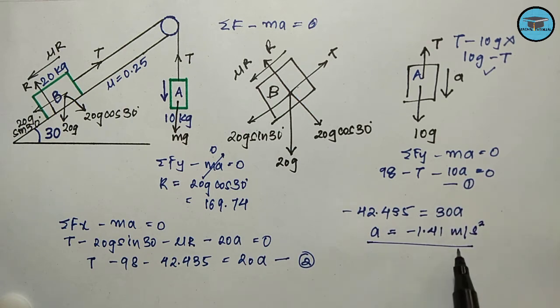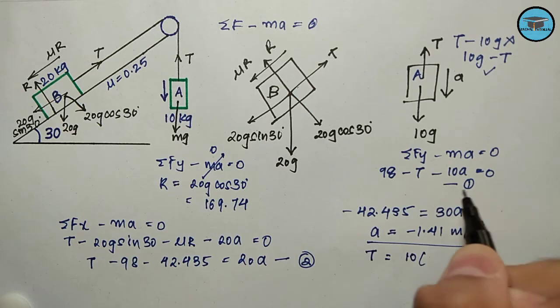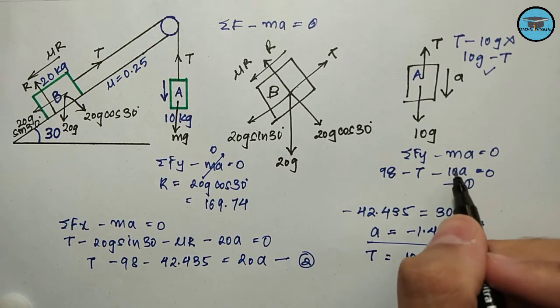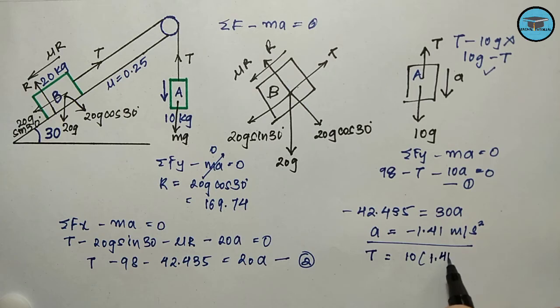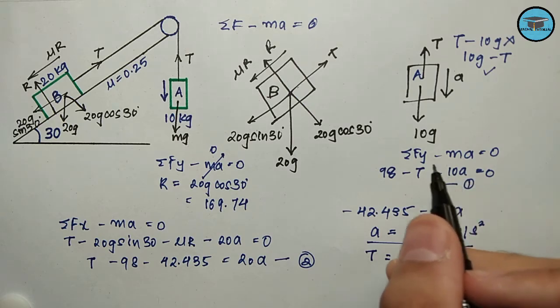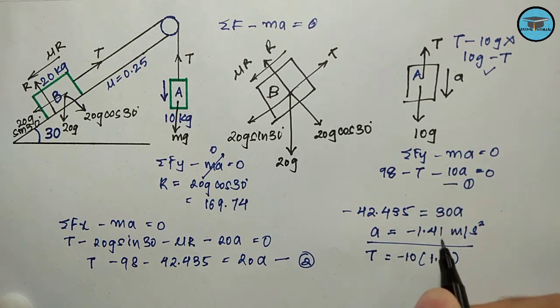And placing this value of a in either of these equations, we would be getting the value of T as minus 10 into 1.41 plus 98. So we will be getting the value of T as 83.9 Newton.